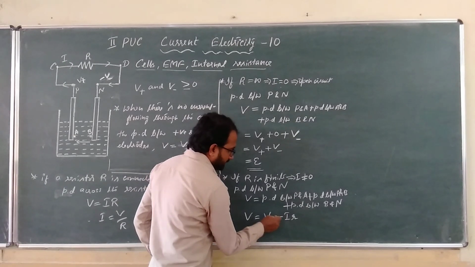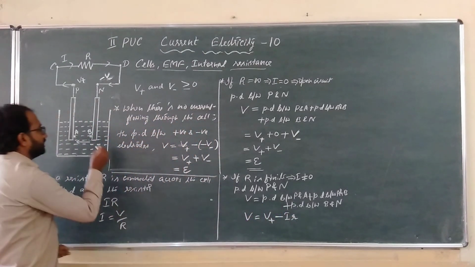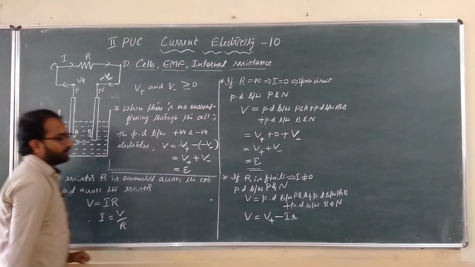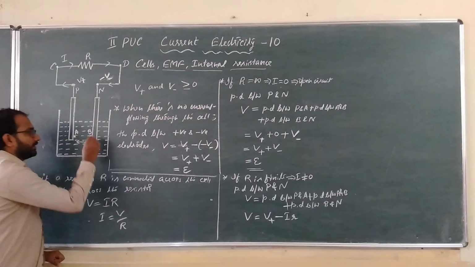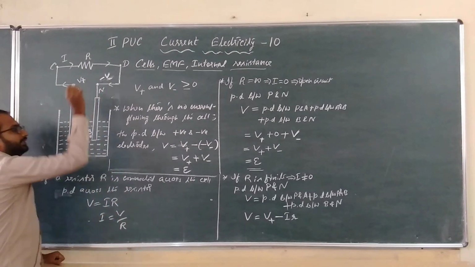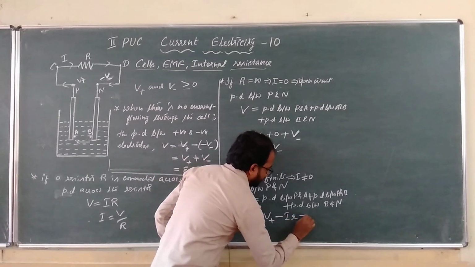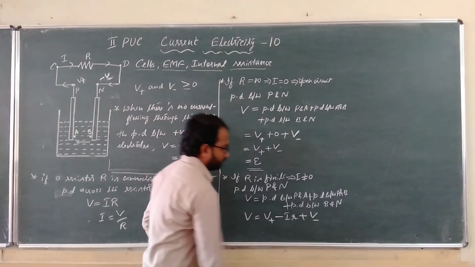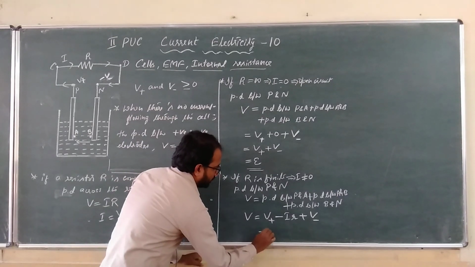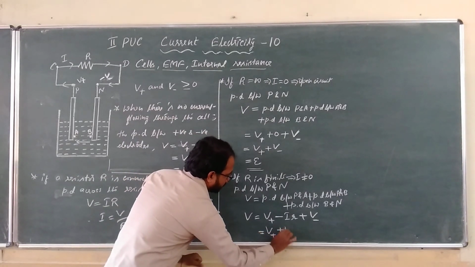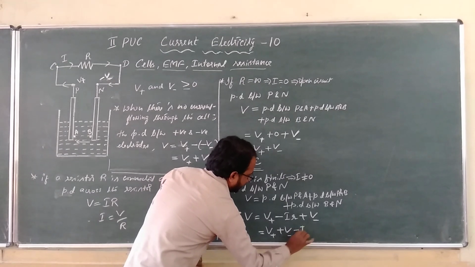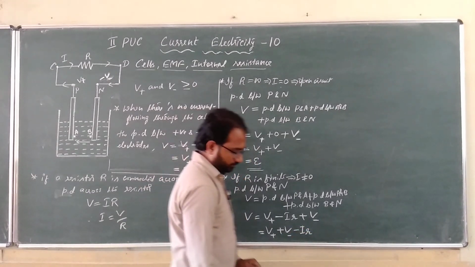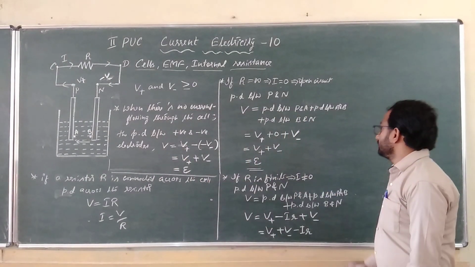It is minus I into R because current is flowing from the negative electrode to the positive electrode, plus what is the potential difference between B and N? That is plus V minus. So therefore this is equal to V plus, V minus, minus I into R.